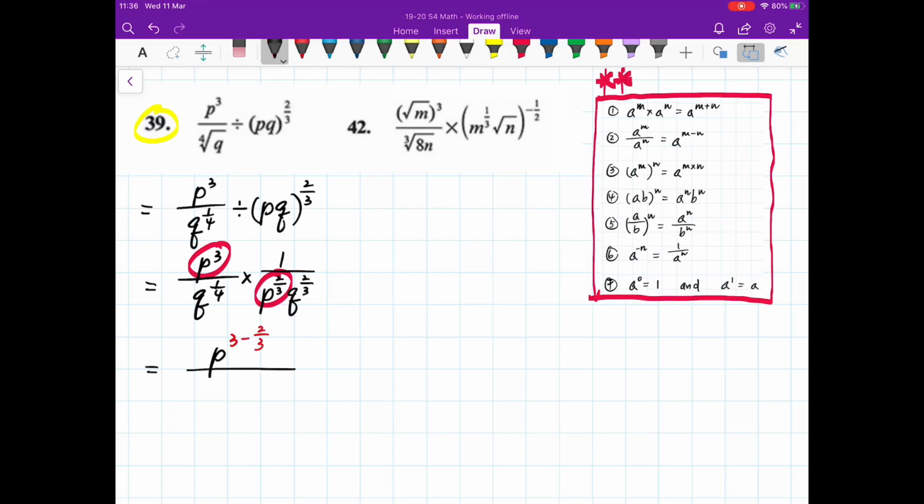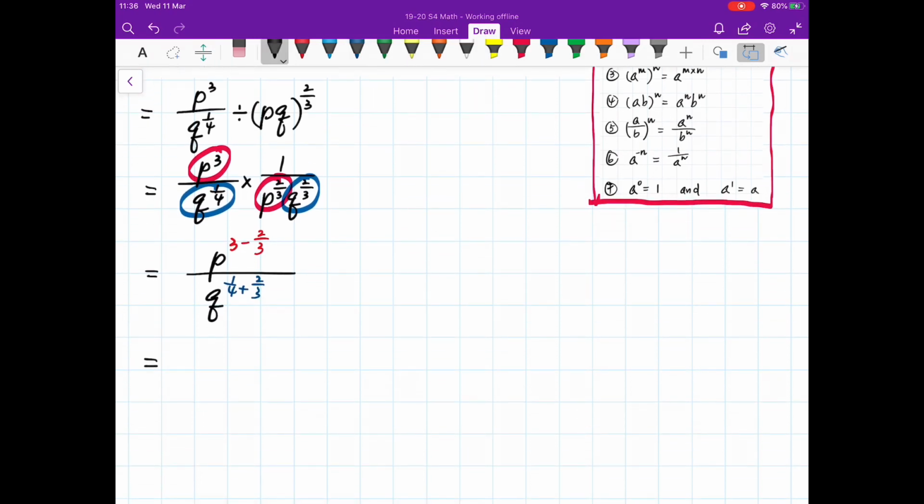And at the bottom, as you can see, there are q to the power 1 over 4 and q to the power 2 over 3. Then we are going to apply rule number 1 so that the powers can be added up: 1 over 4 plus 2 over 3.